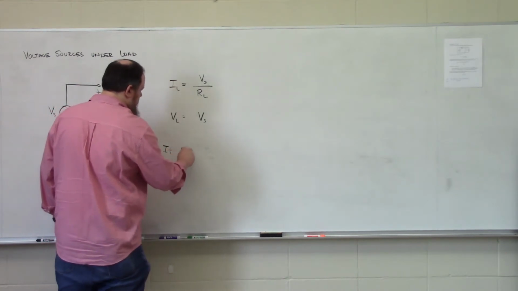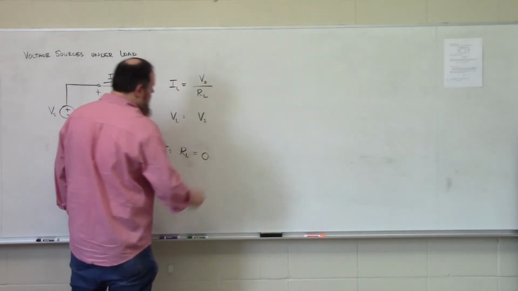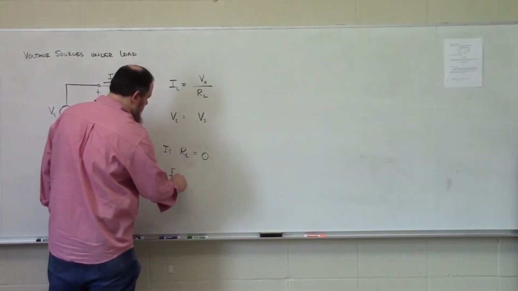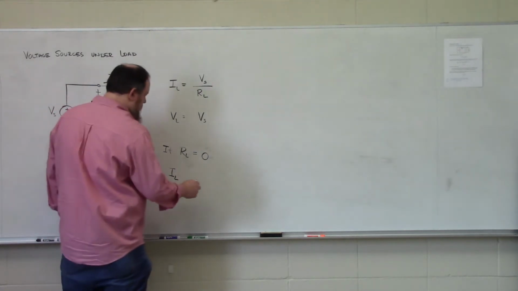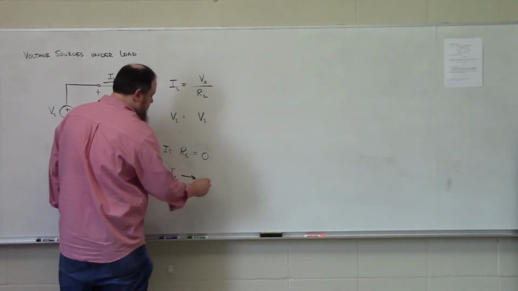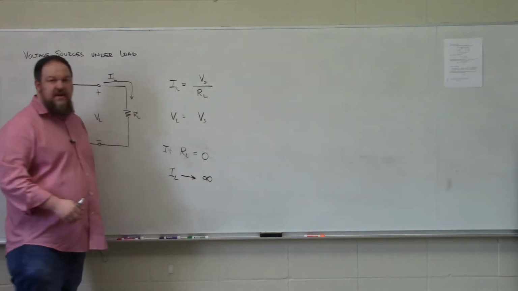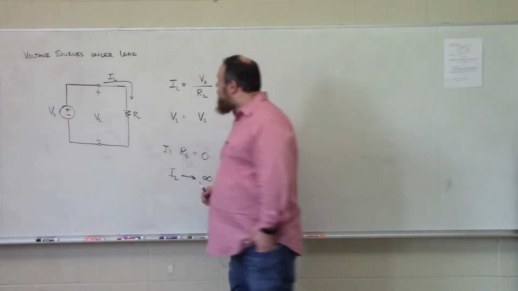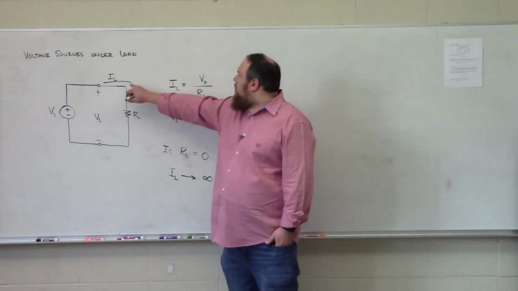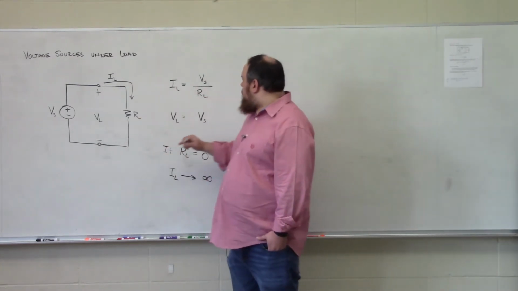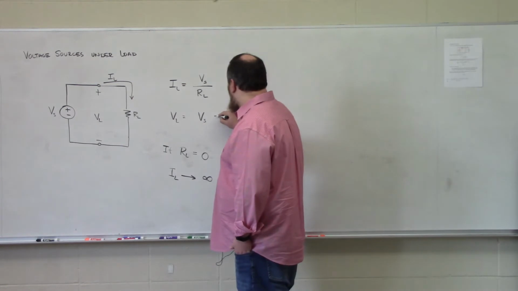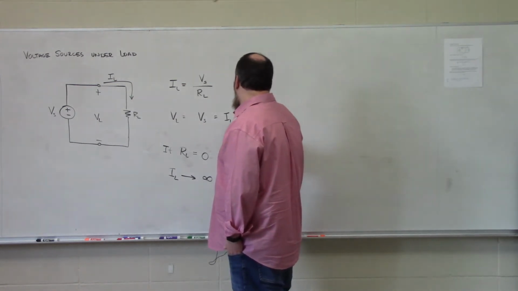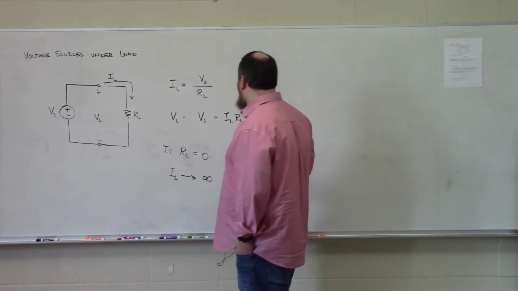So if RL is equal to 0, IL approaches infinity, which is a problem, and we could see VL should also be equal to IL times RL.